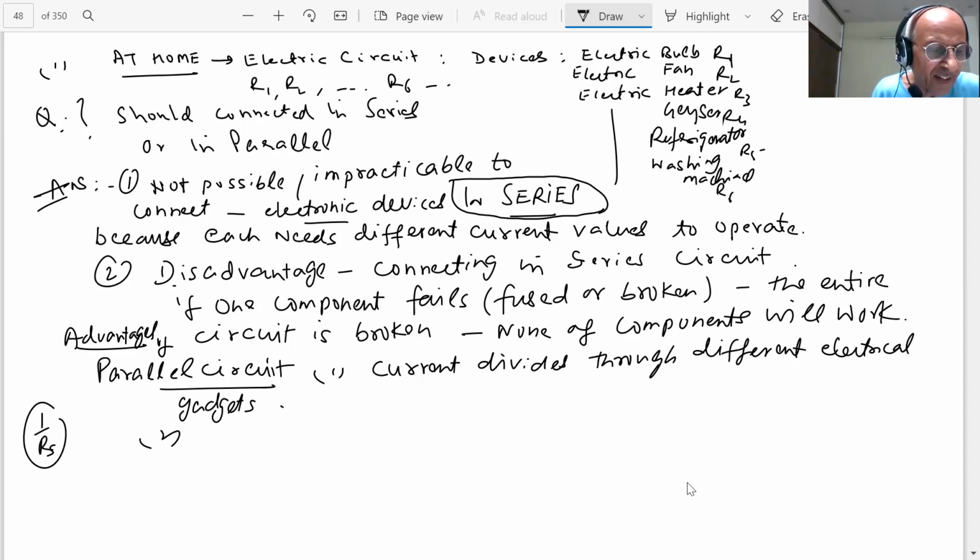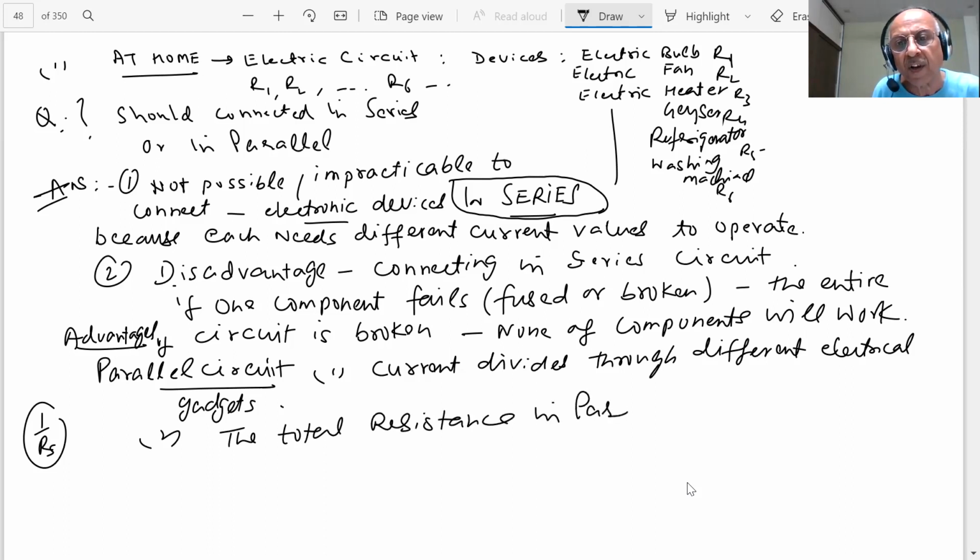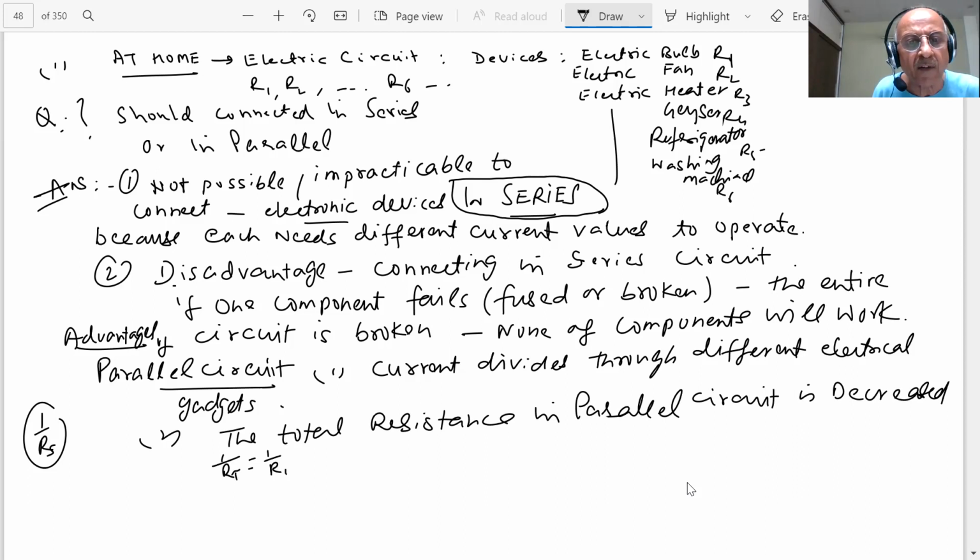In a parallel circuit, the total resistance is decreased, because 1 by RT is equal to 1 by R1 plus 1 by R2 plus 1 by R3. This is helpful when each gadget has different resistance and requires different current to operate.